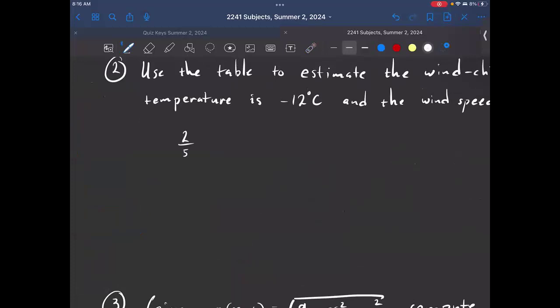Well, 12 minus 10 over 15 minus 10. The distance between 12 as a proportion of the distance between 15 and 10 is 2/5. And that's where that 2/5 came from. Okay, and so this is the proportion that I need for 18 and 24.